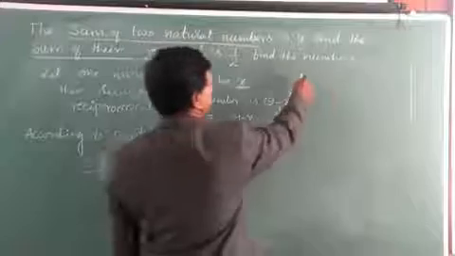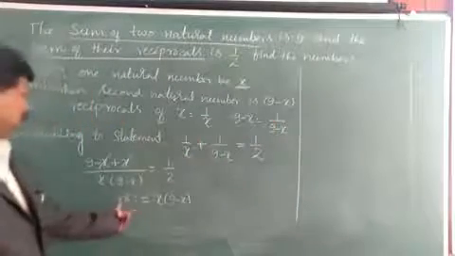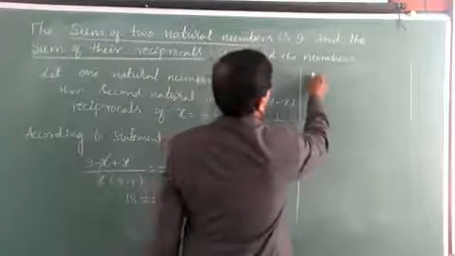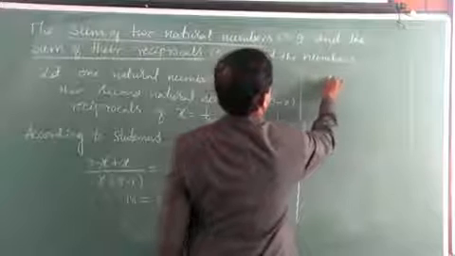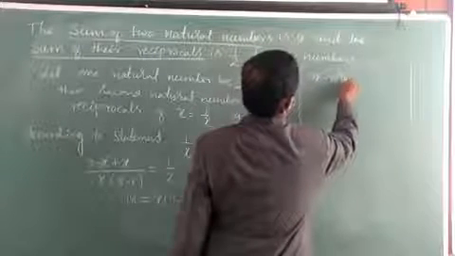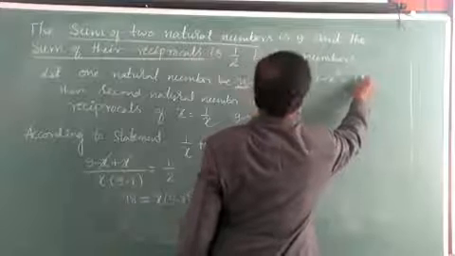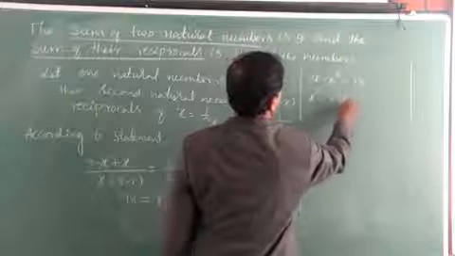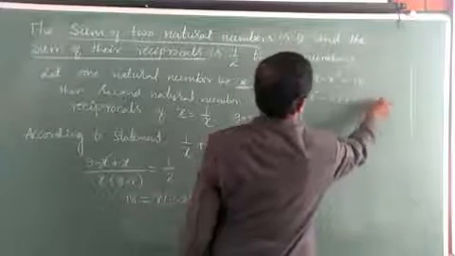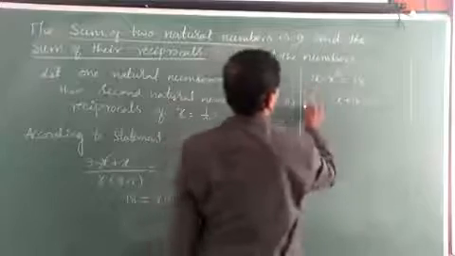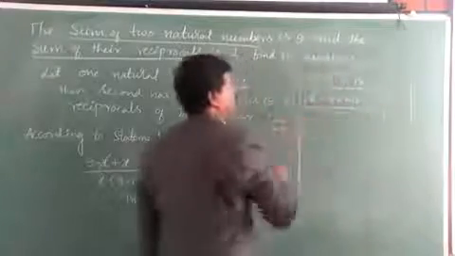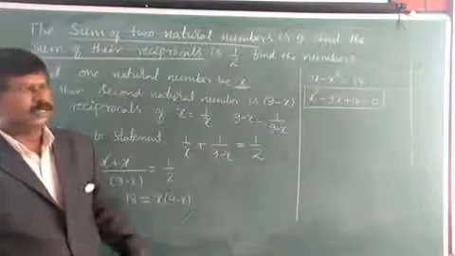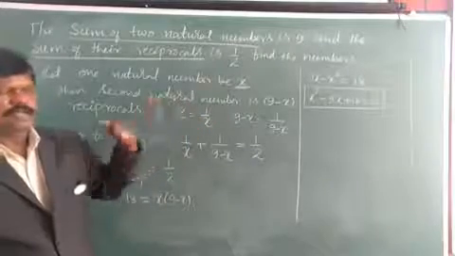Now the equation is, look at this, 18 is equal to x into 9 minus x. Now 9x minus x square is equal to 18. Now standard form, x square minus 9x plus 18 equals 0. Now this is the standard form. Now after getting that equation, what you can do is the factors method.